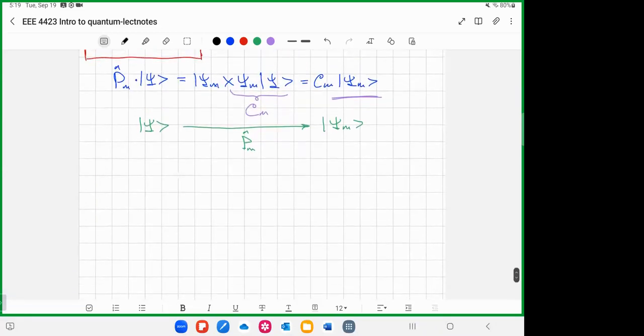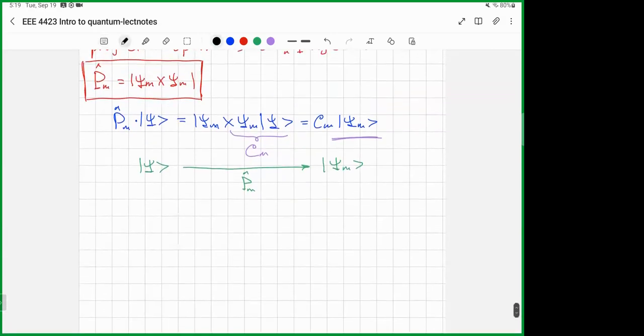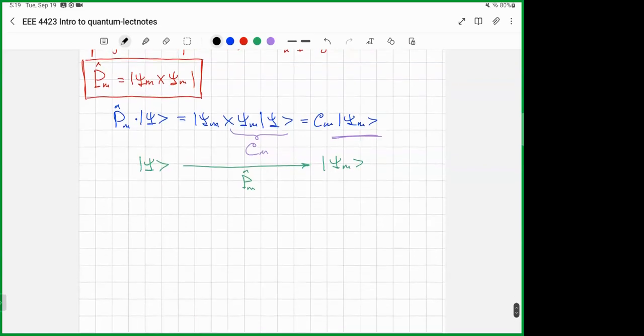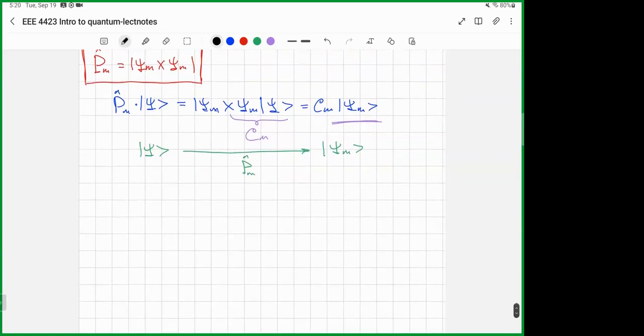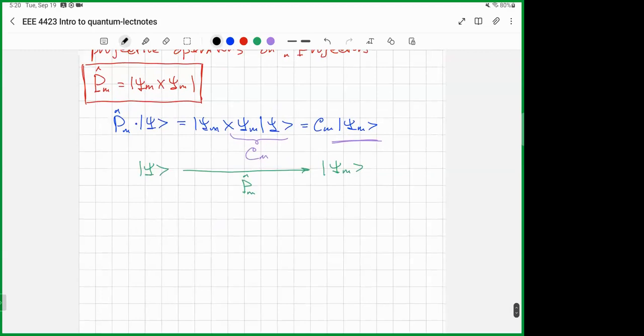About these projective operators, let us consider one property of this projective operator.